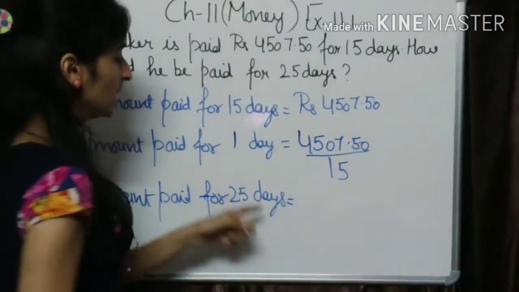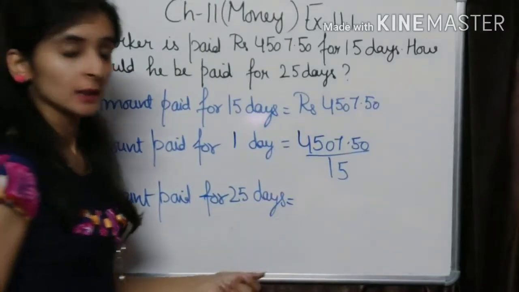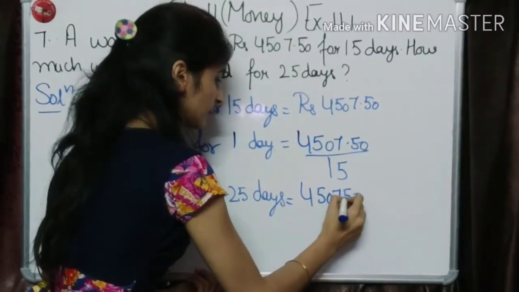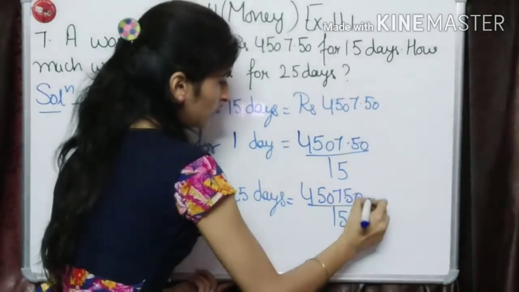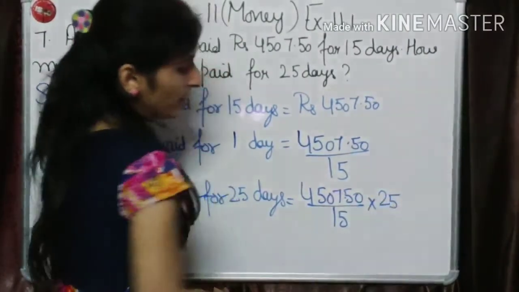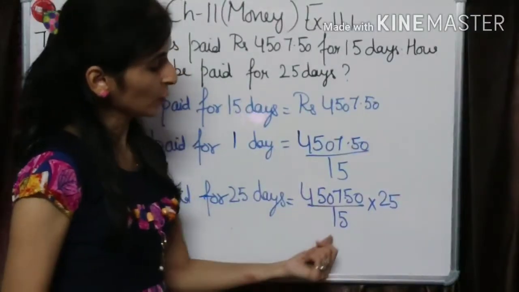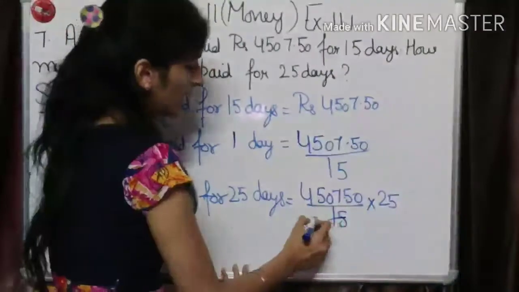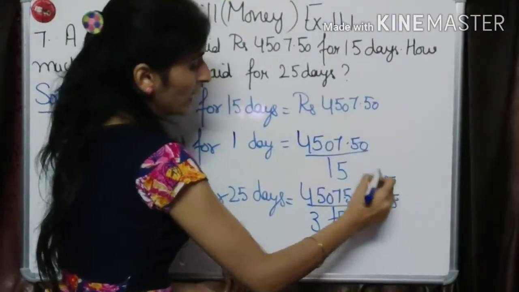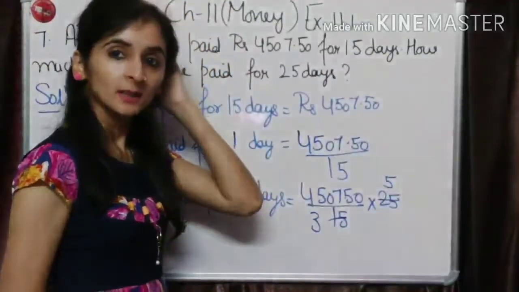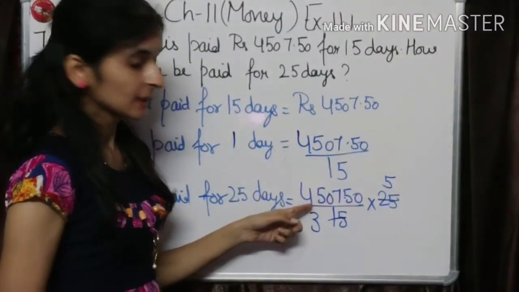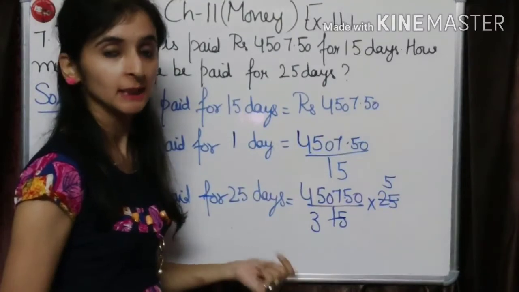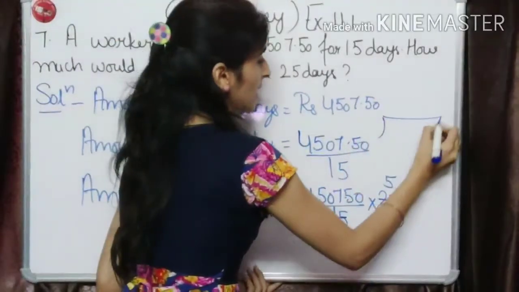For that we will multiply this by 25. Now, as we all know, this 15 and 25 both are divisible by 5. So 5 3s are 15 and 5 5s are 25. Now, we will divide this 4,507.50 by 3.